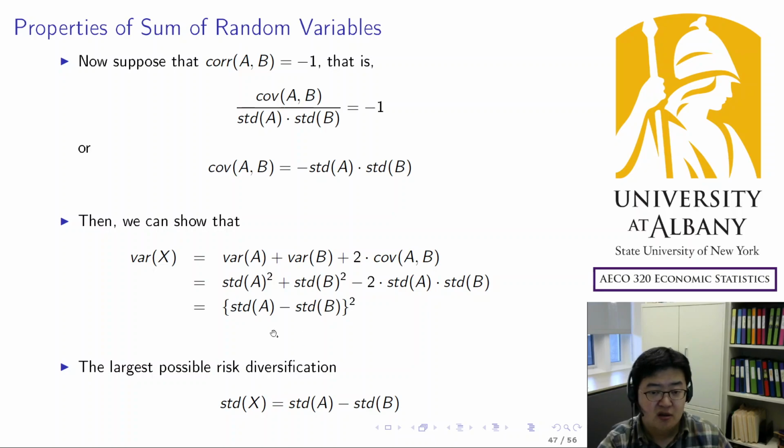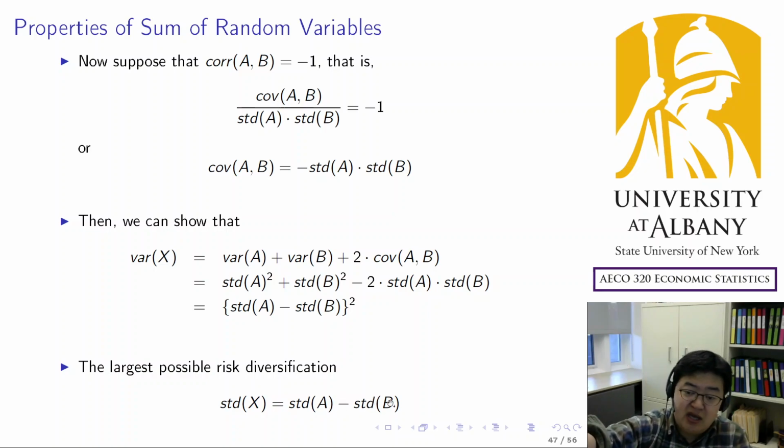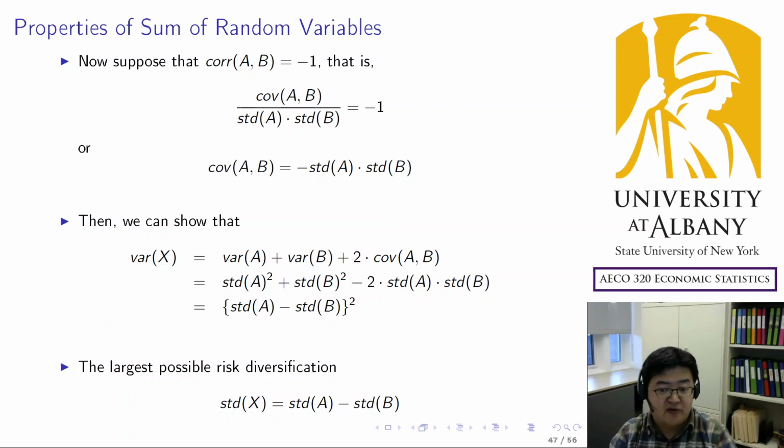So you can rewrite it this way. By taking the square root on both sides, you can conclude the standard deviation of your portfolio X, which is a plus b, equals the standard deviation of a minus b. So when you additionally invest in b, that much risk is perfectly deducted from the original investment in A. That's the maximum risk diversification.